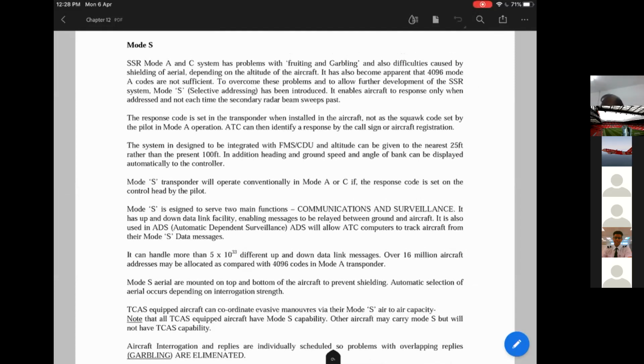Mode S is basically an improvement on whatever you do on modes A and C. It is nothing fresh, nothing great. The only thing is the number of codes available is much more, and otherwise there is no basic elementary difference as far as usage is concerned. It is basically more reliable, more accurate, and more energy efficient.